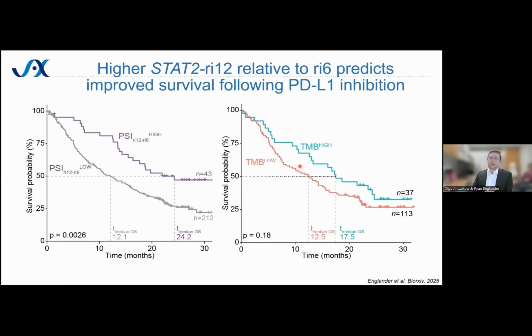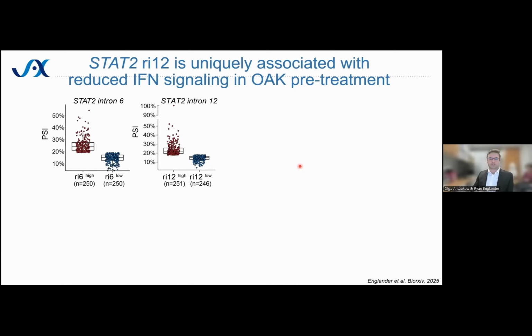So to get a sense of what transcriptomic changes might be occurring in these patients that may explain this notable impact on survival, we split our cohort into 2 groups: patients with intron 6 high and intron 6 low, and patients with intron 12 high and intron 12 low, and conducted differential gene expression analysis between each of these 2 groups to identify differentially expressed genes.